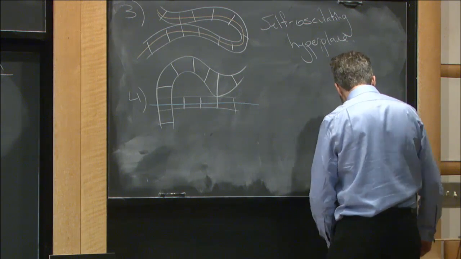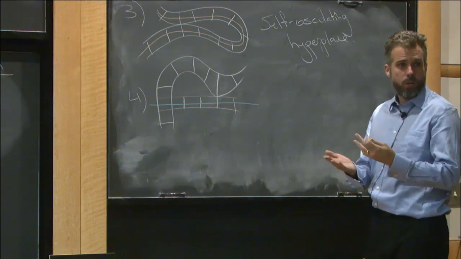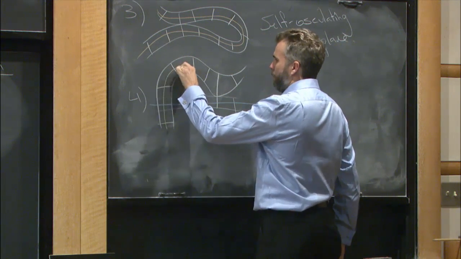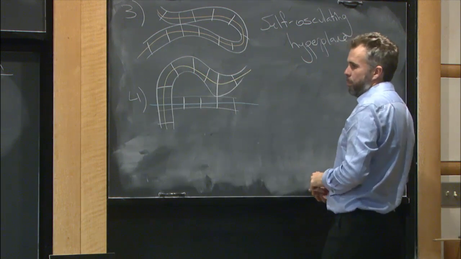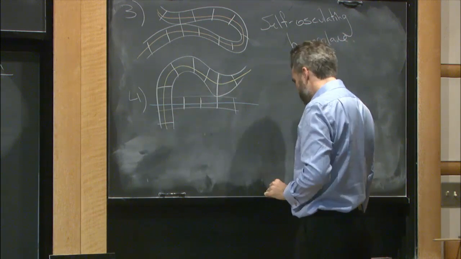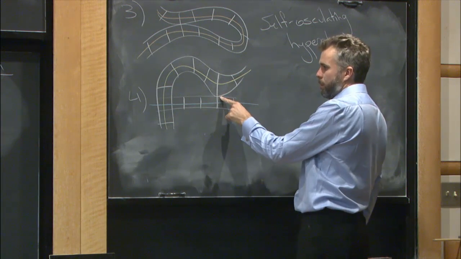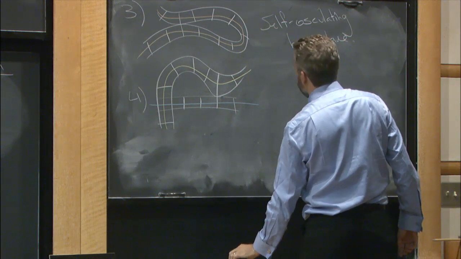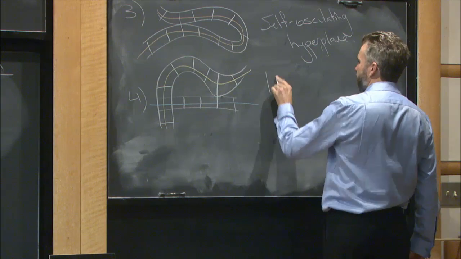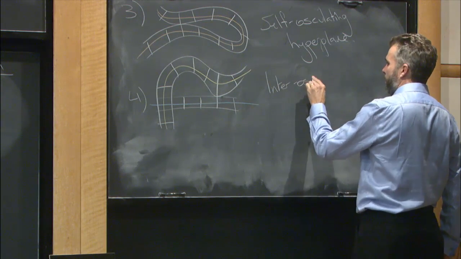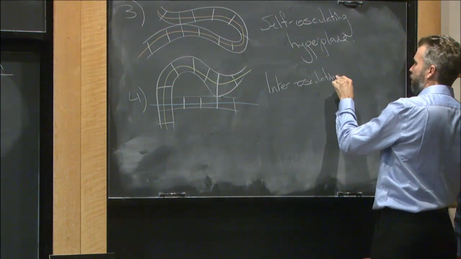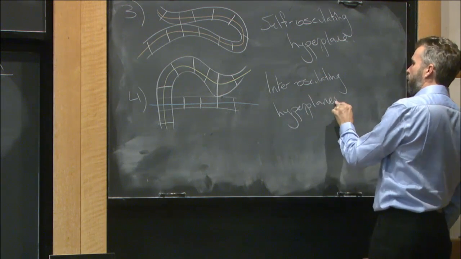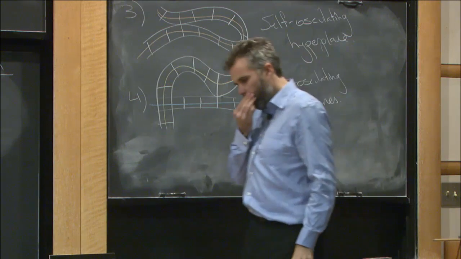And certainly I can't say pairs of hyperplanes don't intersect, because cubes have more than one midcube. But if 2 hyperplanes intersect, I would like them not to anywhere else osculate. Okay? So this is called interosculating hyperplanes.